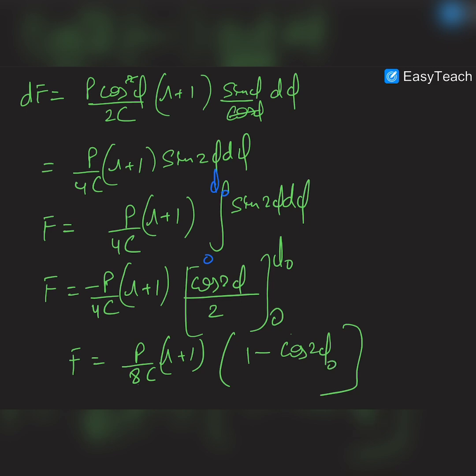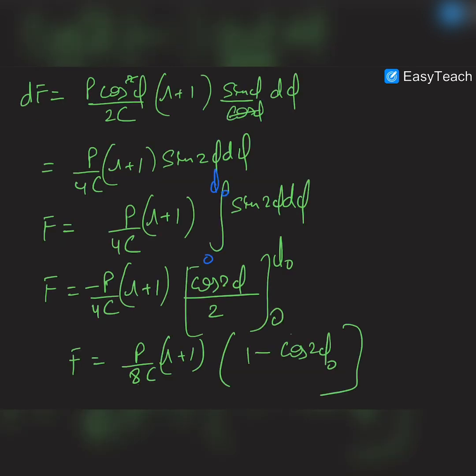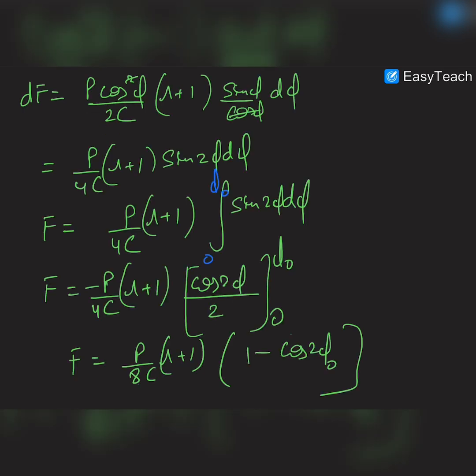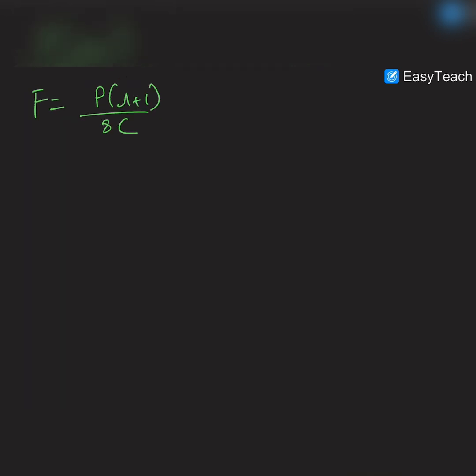Now we will further simplify this expression. F will be equal to P into r plus 1 upon 8c times 1 minus cos 2 phi naught.